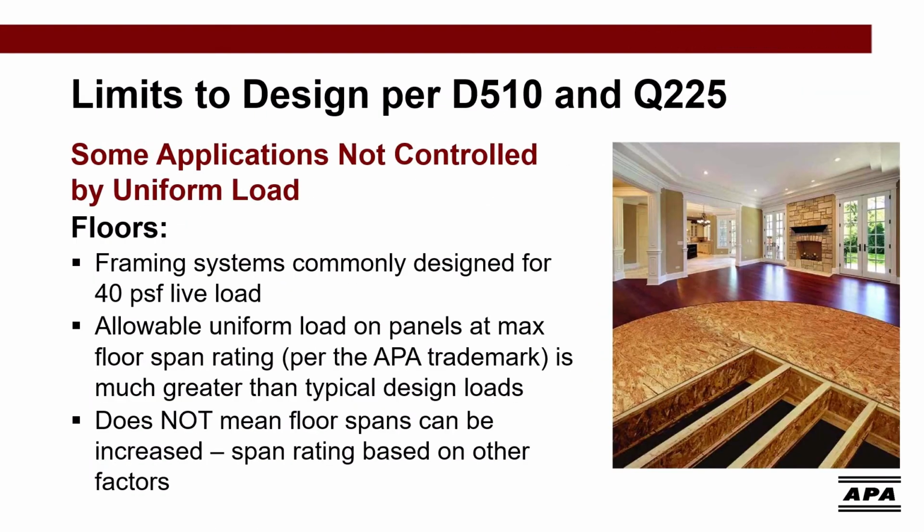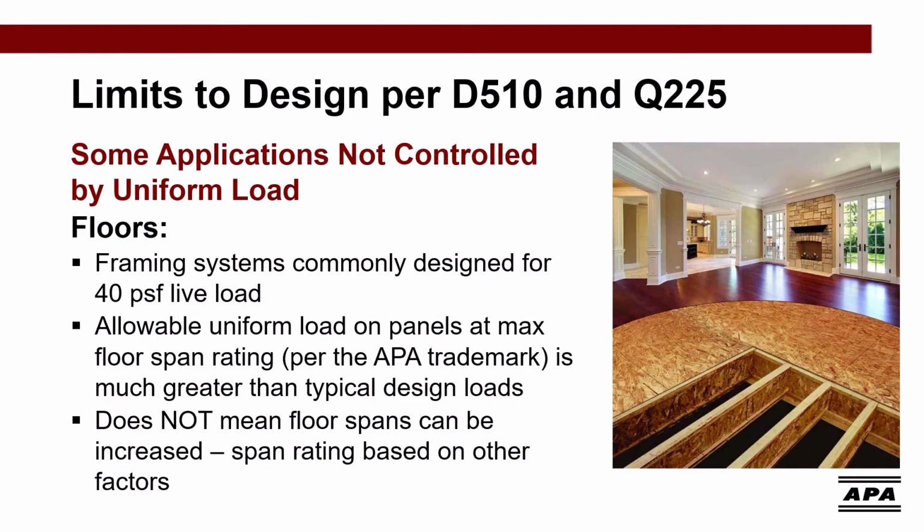It's important to note that some wood structural panel applications are not controlled by uniform loads. Residential floors are a good example. They are commonly designed for 40 pounds per square foot live loads. The calculated allowable uniform floor load on panels applied at maximum span according to APA floor span ratings is greatly in excess of typical design loads.